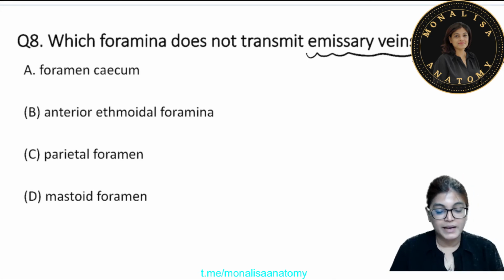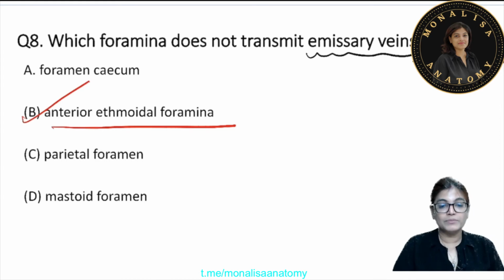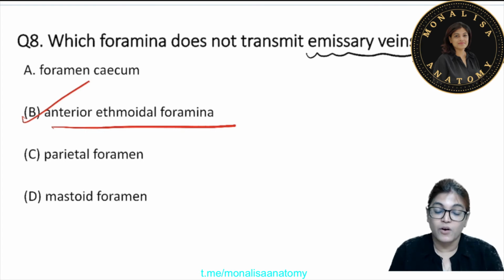Mastoid foramen, through it passes the mastoid emissary vein forming a connection with the sigmoid sinus. So the correct answer is anterior ethmoidal foramina, because through both anterior and posterior ethmoidal foramina pass ethmoidal nerves and vessels according to their name, whether anterior or posterior. So this is the correct answer of the MCQ.